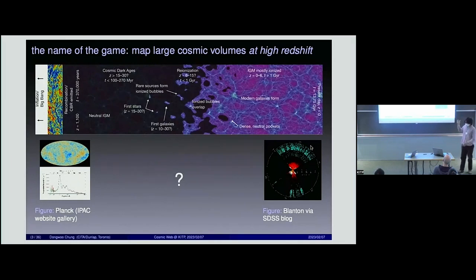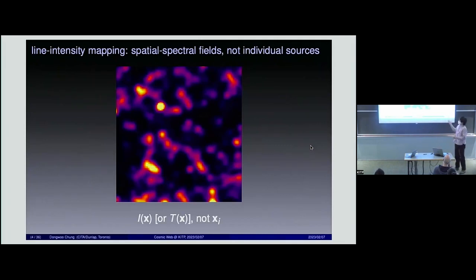And things like JWST are going to be really great at diving into individual objects, into some deep fields. But the field of view of JWST is measured in square arc minutes, and we'd like to have something that works at square degrees. And this is where line intensity mapping, sort of a more generalized idea of 21 centimeter tomography, can be a solution, because these experiments are not going after individual sources with some kind of target selection.